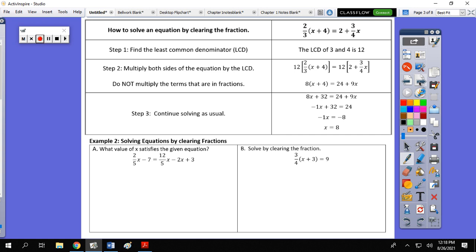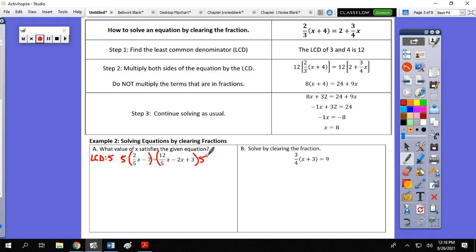So for instance, on example 2, part A, it says what value of x satisfies the given equation? In other words, solve for x. So the first thing we would do is look at the fractions, and we would say, okay, we have a denominator of 5, a denominator of 5. So the LCD is going to be 5. And we are going to multiply everything in this entire equation, both sides, by 5.